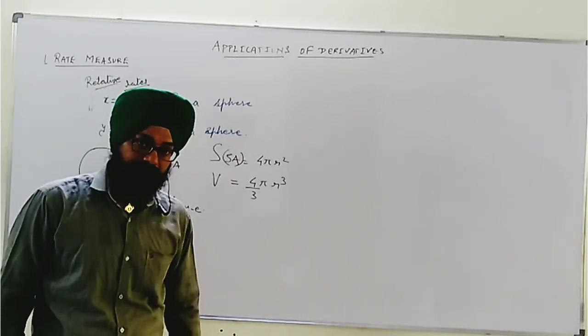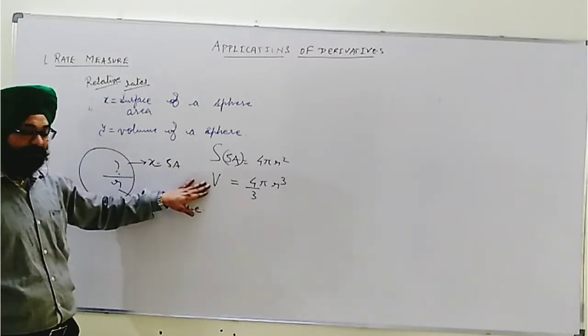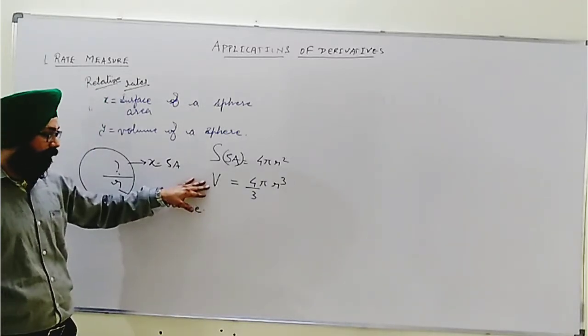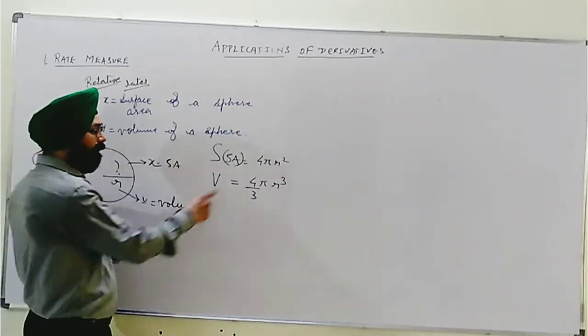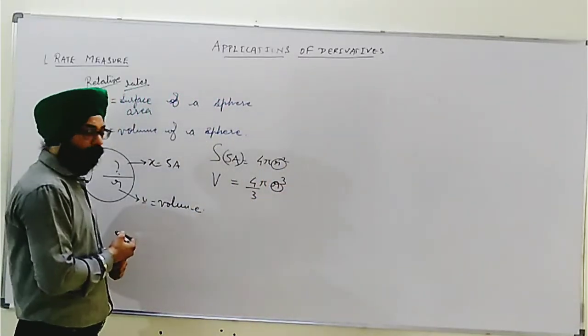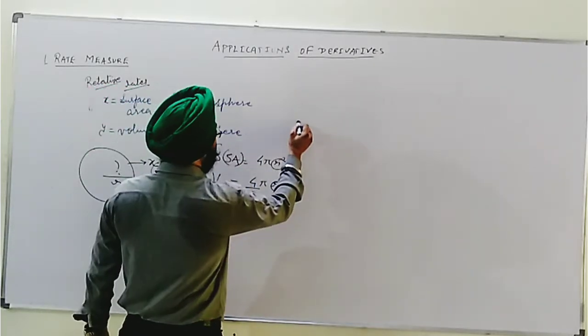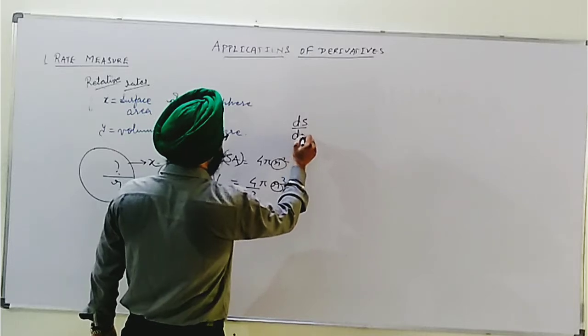What do we do in that case? You remember, in a parametric function we do not find a direct differentiation. The parameter here is r, because it is common in both of them. We will differentiate s, the surface area, with respect to r.